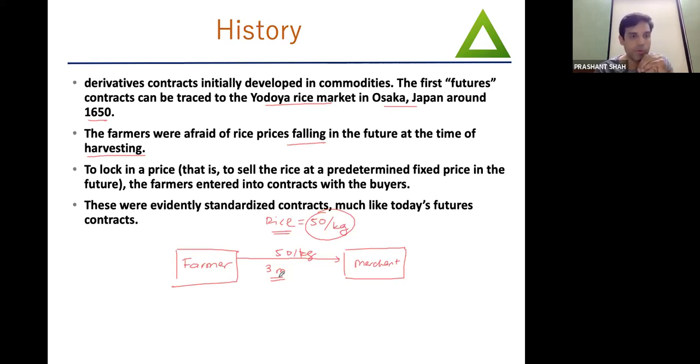Now, which price should we consider? The price at the time of placing the order, or the price at the time the jewelry is delivered? The jeweler can give you the option. You can demand that. If you are fixing the price on the date of placing the order by paying some money to the jeweler, this is also a derivative.